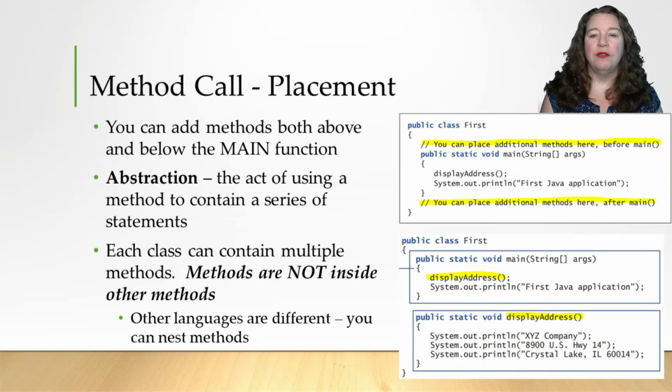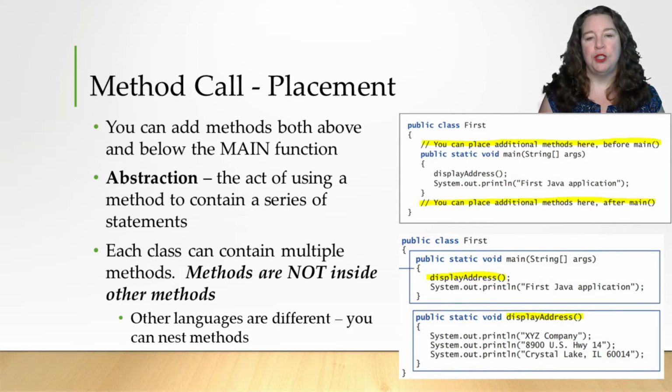So you're either going to have your first method be your main or your last method will be your main. You don't really want your main in the middle of all of your random methods. So you want to try to think, how do you want to see your code? Do you want your main method at the top and then all the rest of the helper functions and methods underneath it? Or do you want to have all the helper methods declared first and then have your main at the bottom? That's going to be a personal choice for you.